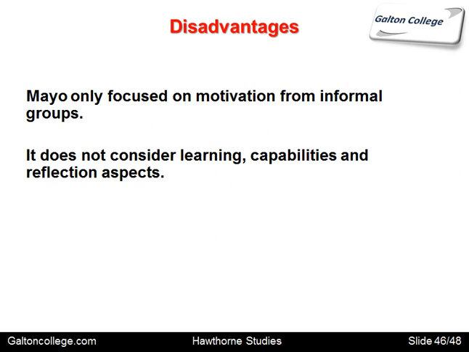It doesn't consider learning capabilities and reflection aspects. People do learn. They learn by doing. They become more skillful, more adept at doing jobs, having done the job over and over many times. Admittedly, they become bored when they work at the same job or the same task over and over.